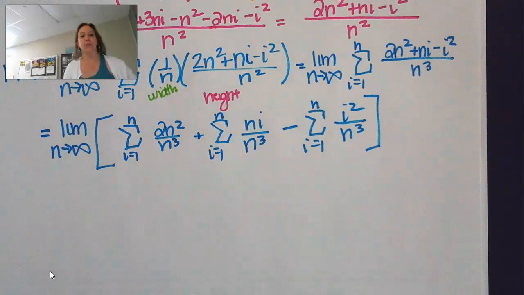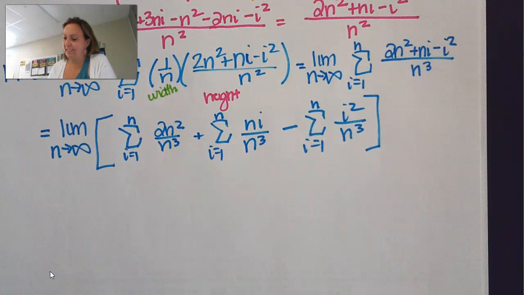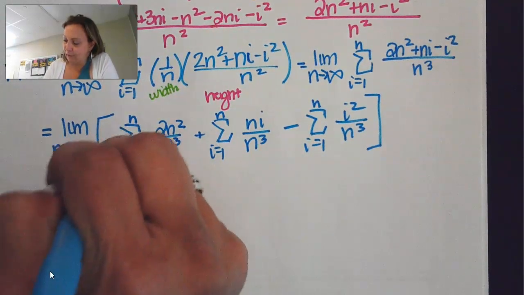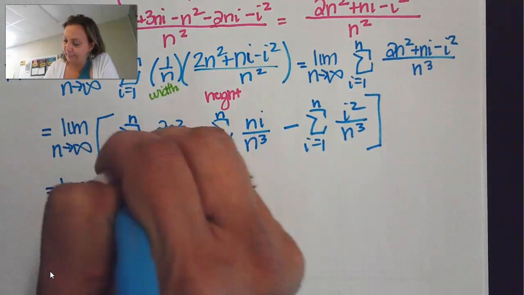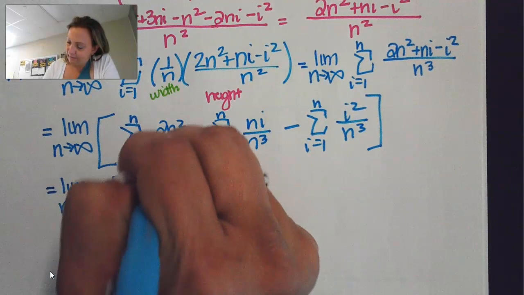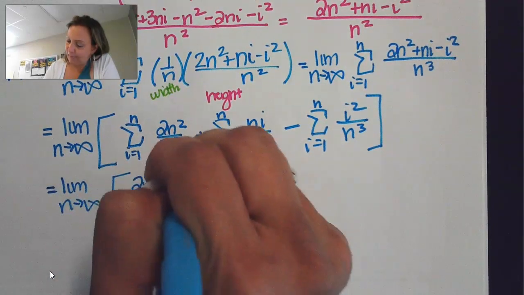Okay, so now at this point, this is where I use my summation formulas sheet, and I am going to deal with these different pieces here. So again, this was a constant that I'm going to multiply by n.